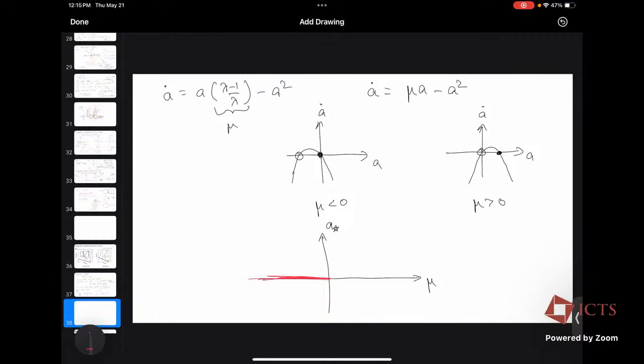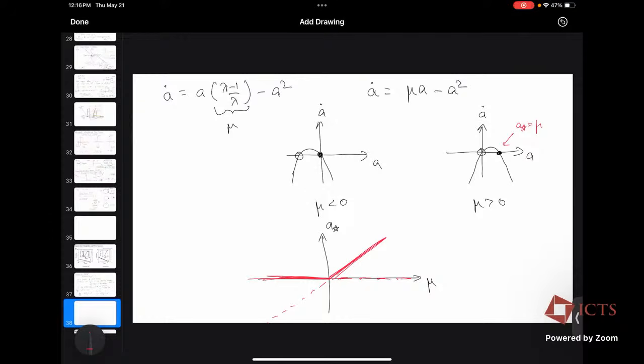But for mu greater than 0, it's an unstable fixed point. I also have this other fixed point, which, if you calculate it out, hopefully you can convince yourself is just a star equal to mu. So I have another branch where this is now a stable fixed point, and this is now an unstable fixed point.